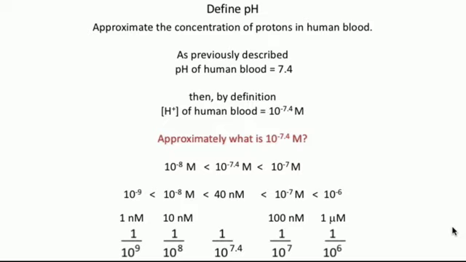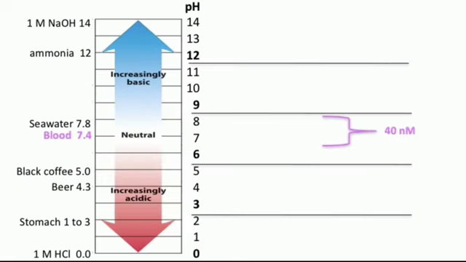Again, this is to get you a feel of how to be thinking about exponents and logarithms in terms of some relatively simple math. And of course, if we're looking at pH values that might have some meaning to a physician, black coffee and beer are pretty important, slightly acidic, seawater slightly basic, blood barely basic, pH of 7.4, 40 nanomolar of protons, and of course you might be using a 1 molar strong acid or 1 molar strong base solution that would have a pH of 0 or of 14.